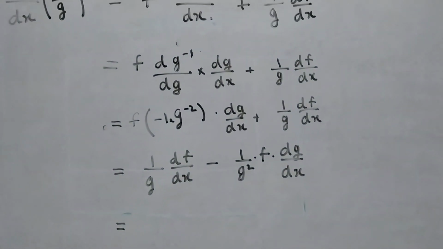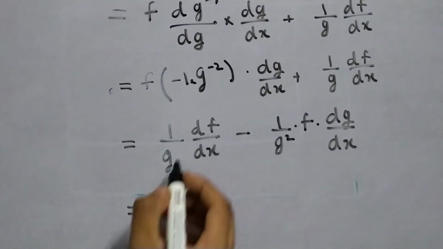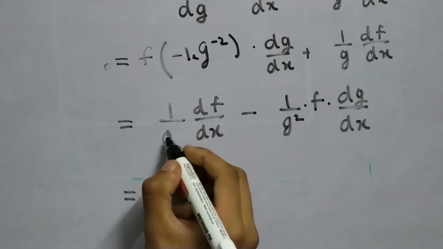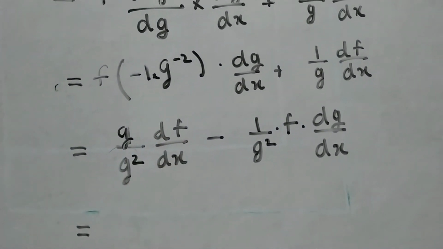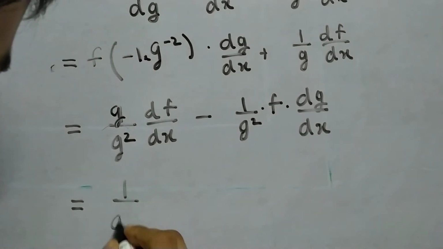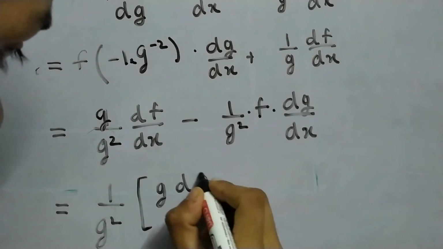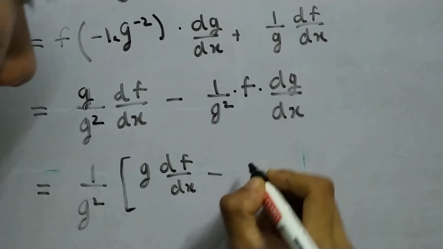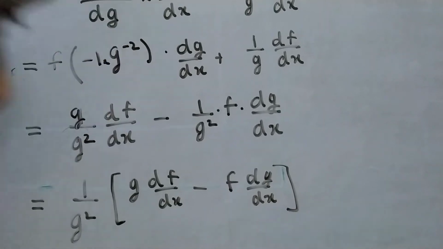Now you have g square, so we want to make g square the denominator in the first term. So we multiply and divide by g. Now we can bring g square out. G square will have g df by dx minus f dg by dx.